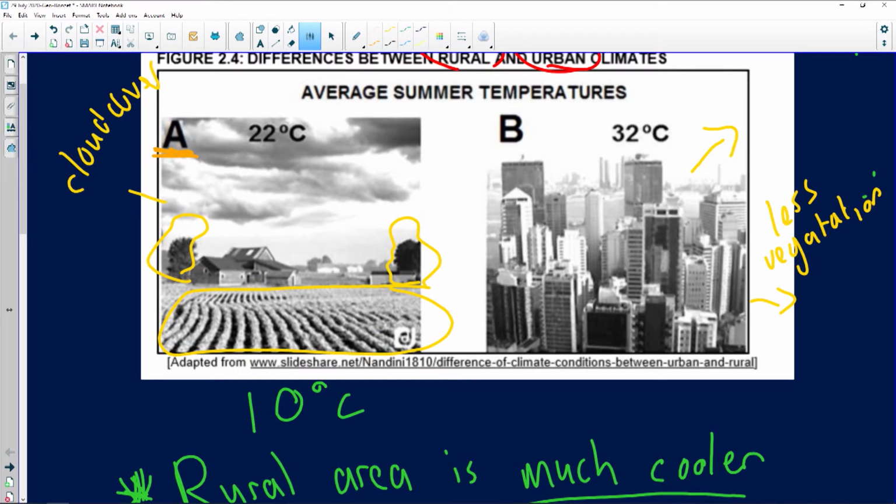cloud cover. Coming to our next question, that's a very important question. I like to confuse my students, even my own students, with this type of question. Now, when we compare a rural area to an urban area, we established that the rural area has much more evaporation taking place. We've seen on our diagram on the photos that we experience cooler temperatures. So that's two things.